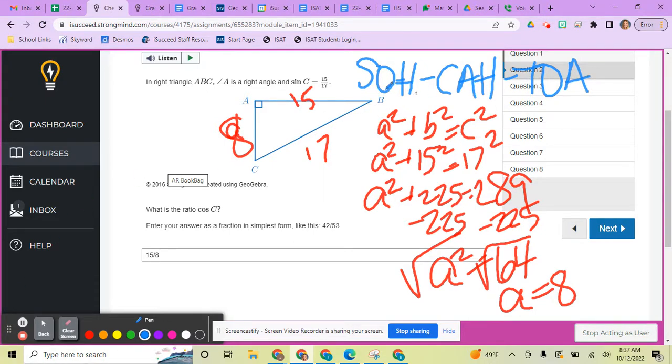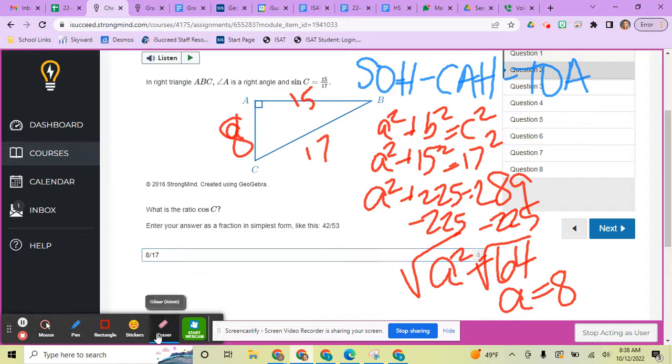Okay, so this is the acronym SOHCAHTOA. So this S stands for sine, is opposite over hypotenuse. Cosine is adjacent over hypotenuse. Tangent is opposite over adjacent. So forget what I just said about cosine, by the way. I was confusing myself. So cosine right here is adjacent over hypotenuse. So the cosine of C is the adjacent one, the one that's touching it. So 8 over the hypotenuse of 17.